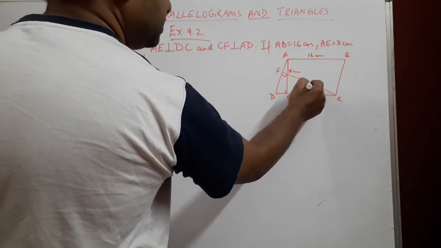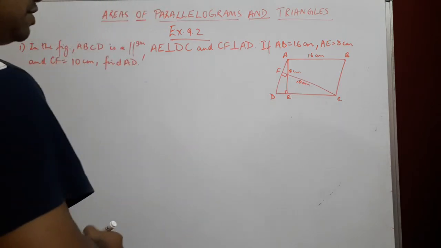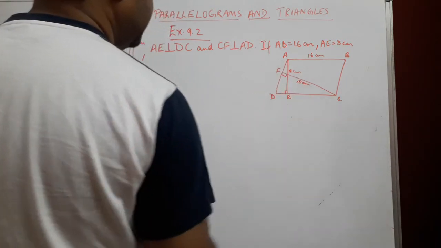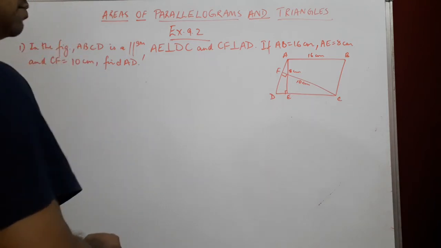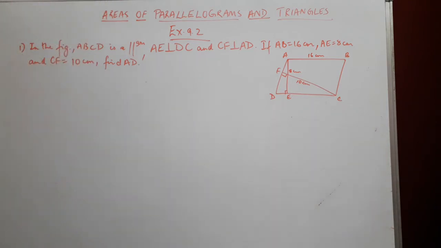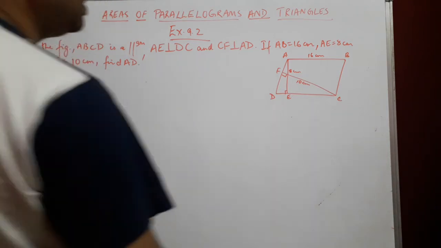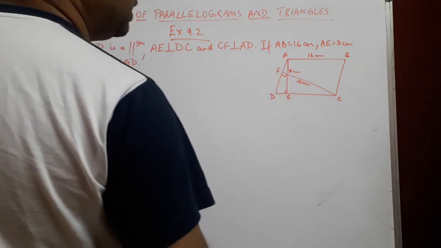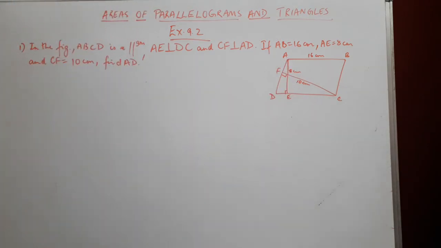The length of it is 10 centimeters. What we are asked to find out is the length of AD, and what we'll have to do is first find the area of this parallelogram, and from that area of the parallelogram we will be able to find out the length of AD. So let's begin with solving this problem.